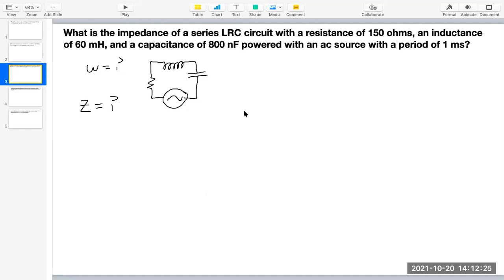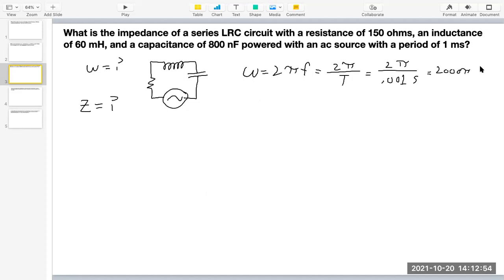Right, so for the angular frequency, (2000) pi inverse seconds.